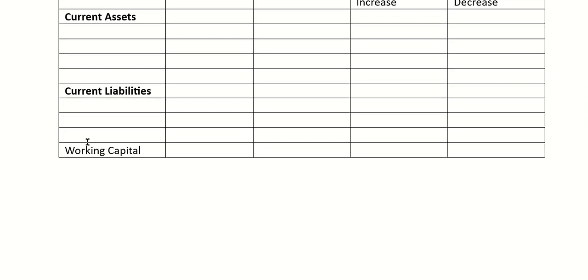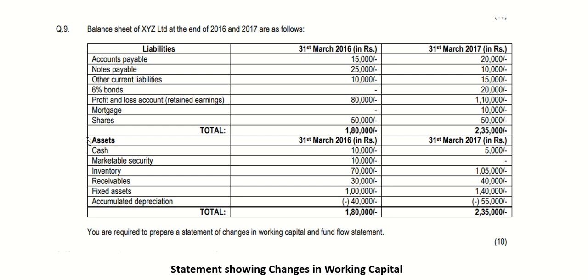We can just dive into one of these questions. Here it is. It was a previous question, and it states that the balance sheet of X1 Limited at the end of 2016 and 2070 is as follows.